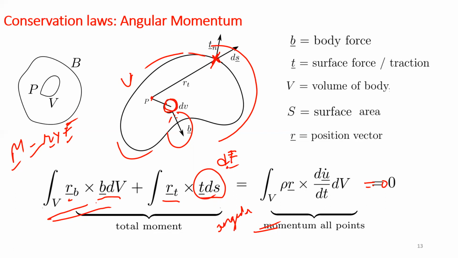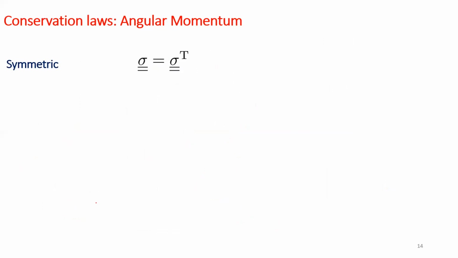If you do all the algebra of the cross products in indicial notation, you would end up with this: sigma is nothing but sigma transpose. Working in indicial notation, we would end up with this particular expression saying sigma ij is sigma ji.